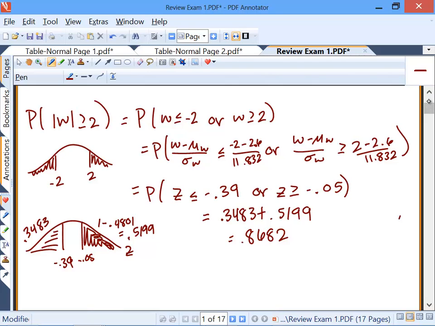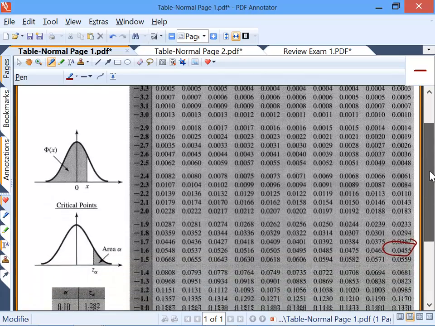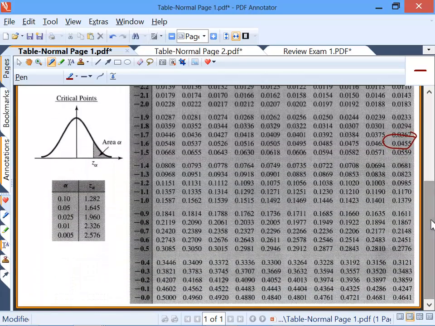Oh, 0.3483. So my Z value is negative 0.39, and I was looking for the area to the left. So if I go to my Z table, I'm looking for negative 0.39. So negative 0.3 down the side, and then go across to the 0.09 in the hundredths place. Gives me my 0.3483.